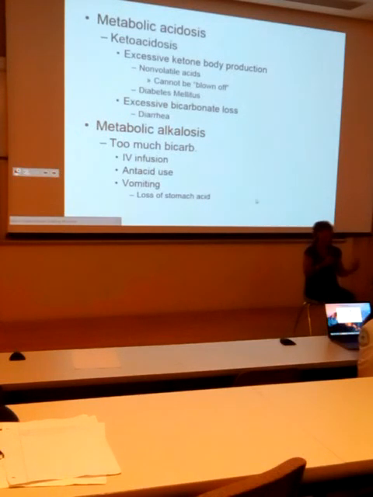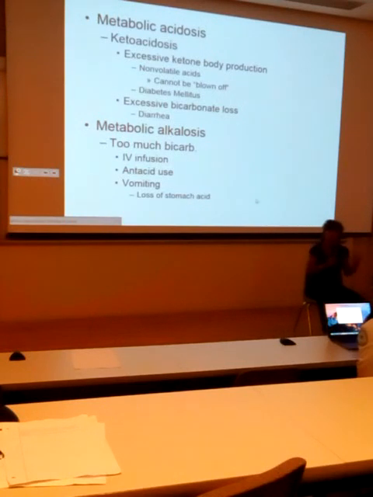Probably one of the more common causes is pathological. Somebody vomits for a long period of time, they get rid of so much stomach acid that they end up with an alkalosis. What would you expect the respiratory system to do in this case? Their rate should slow to try to retain CO2 to make their pH more acidic.